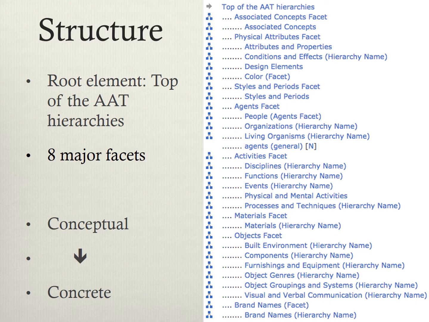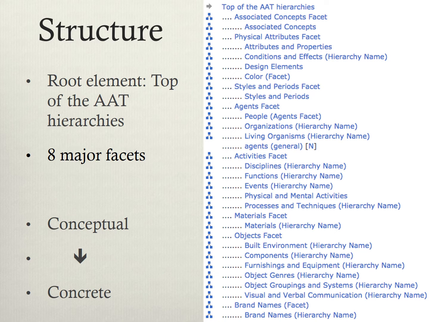This shows you a little bit of the structure of the AAT. It is composed of 8 facets, and within the facets, the concepts are hierarchically structured. So facets and hierarchies are the structural foundation of this particular vocabulary. Within AAT, there may be multiple broader terms, so it's polyhierarchical, so things can be in more than one place.